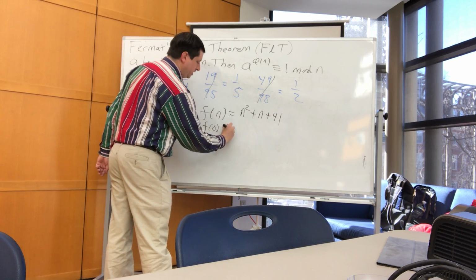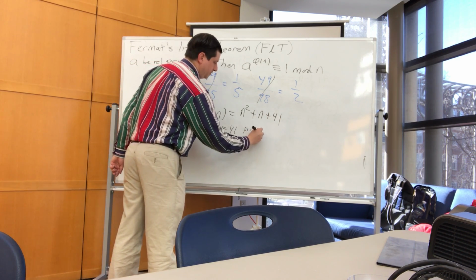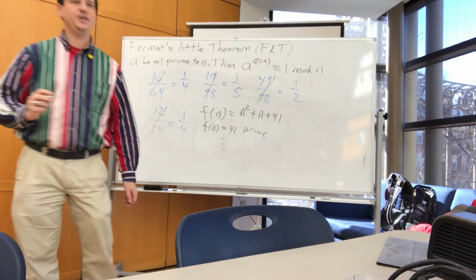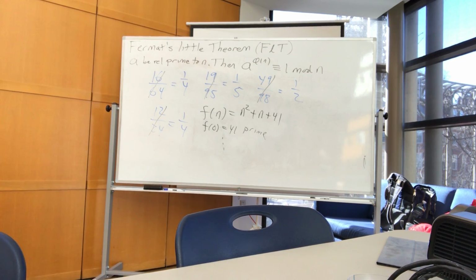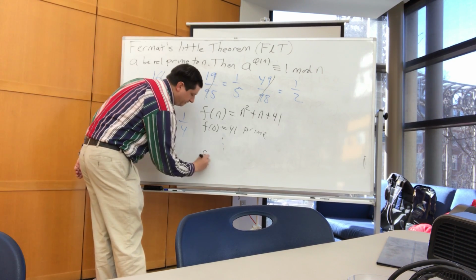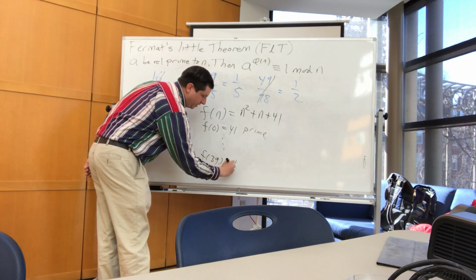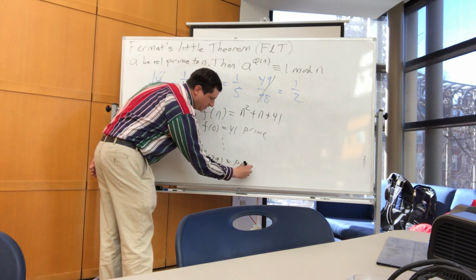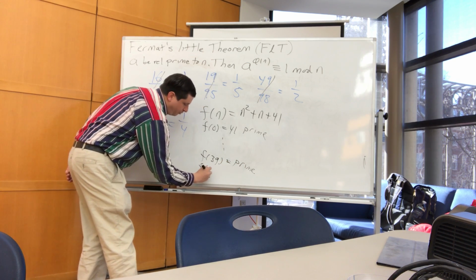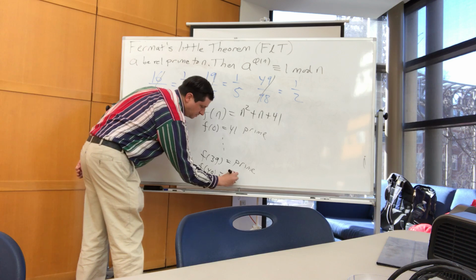F of 0 is 41, which is prime. And in fact, if you keep putting in values of n, you keep getting primes up to f of 39, which is also prime. F of 40 is composite.